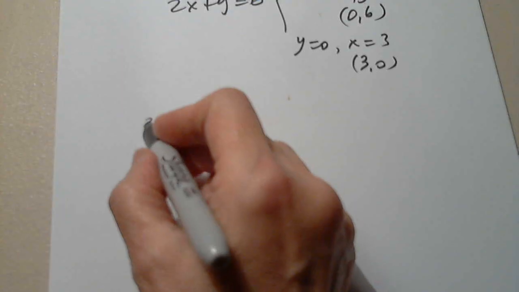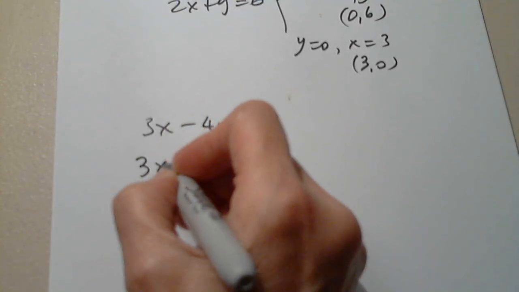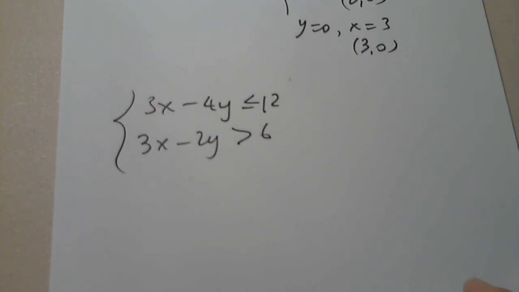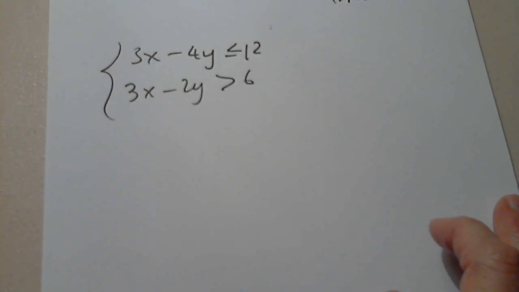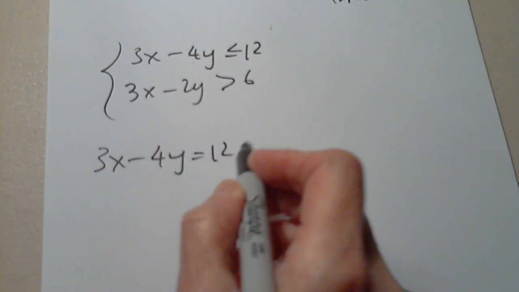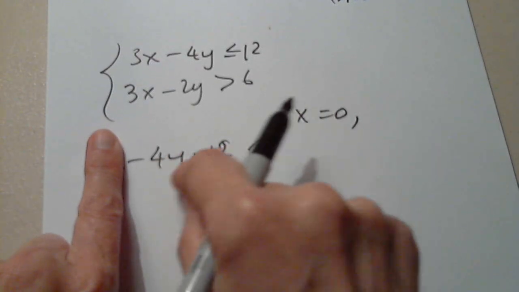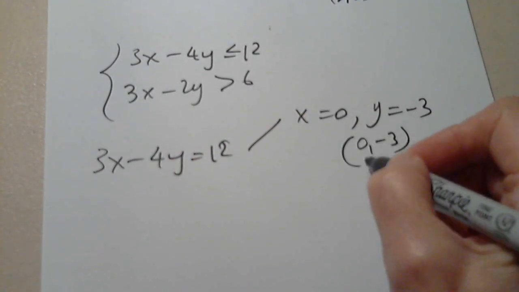Good. So 3x minus 4y less than or equal to 12, 3x minus 2y greater than 6. Was something wrong with this, or you just needed help? I just needed help. Sure. 3x minus 4y equals 12. When x is 0, y is negative 3. So 0, negative 3.